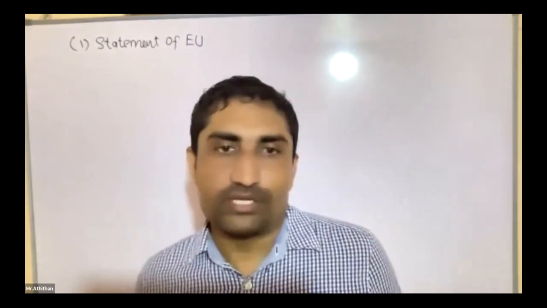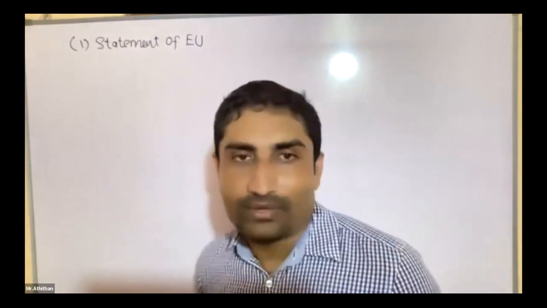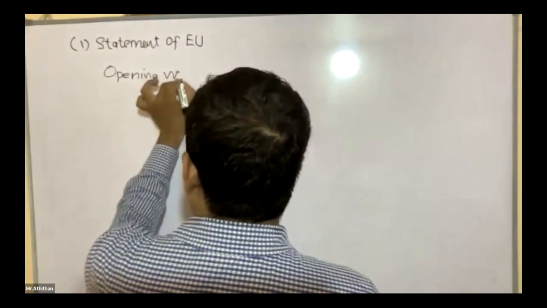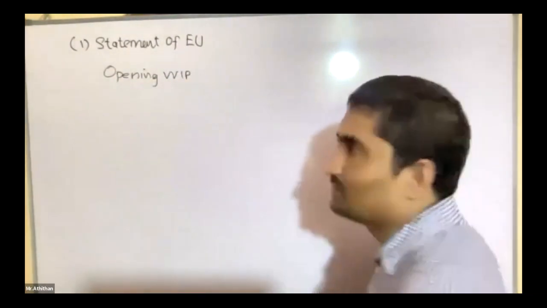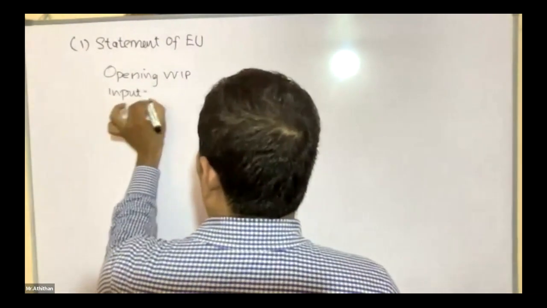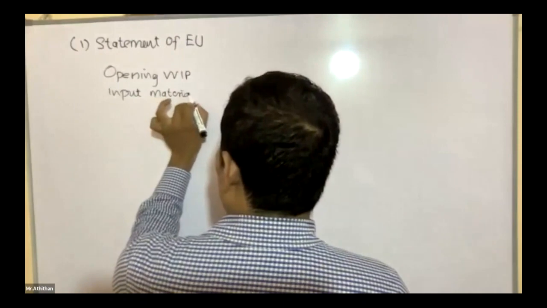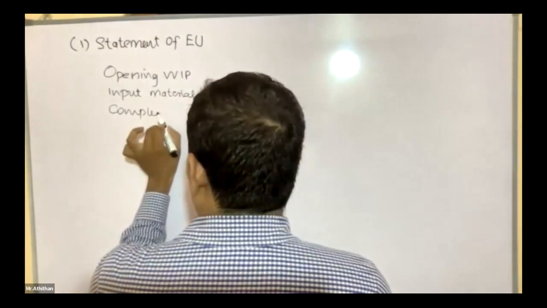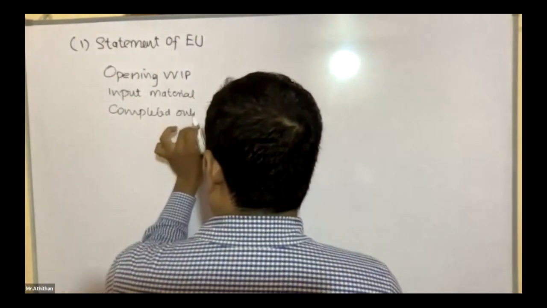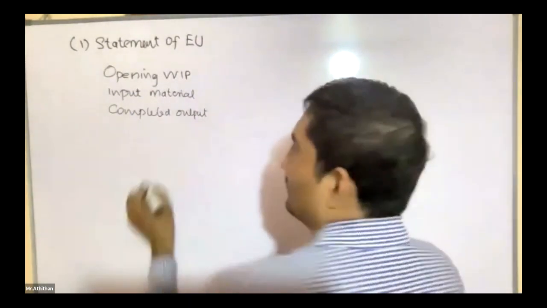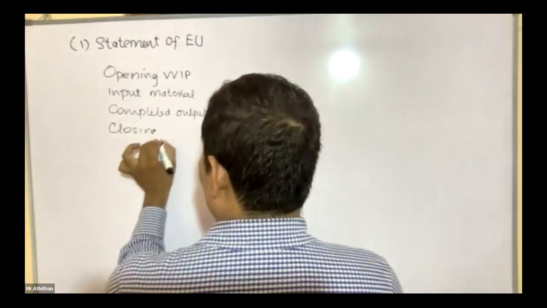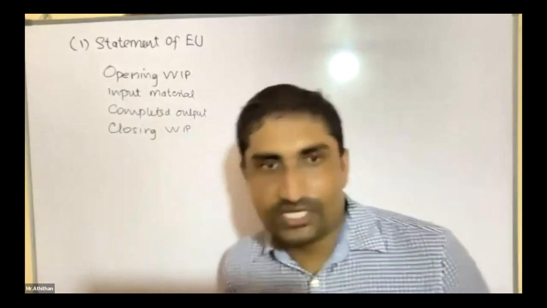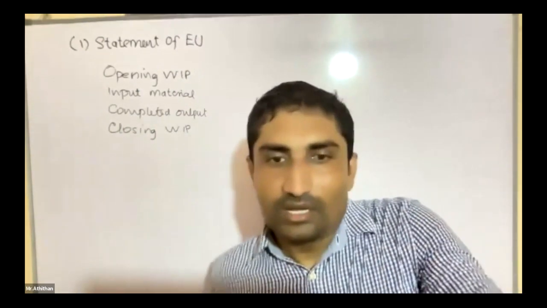To prepare it, we need to look at opening WIP, how many units; input material, how many units; completed units, how many units; closing work in progress, how many units. So one by one we will check it. We have to take each of these from the example.